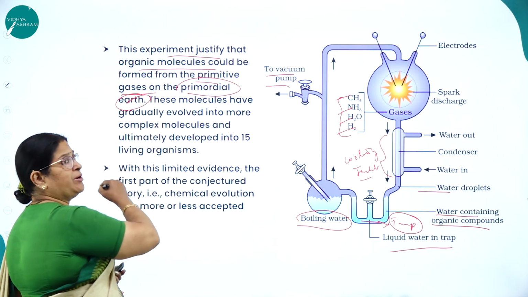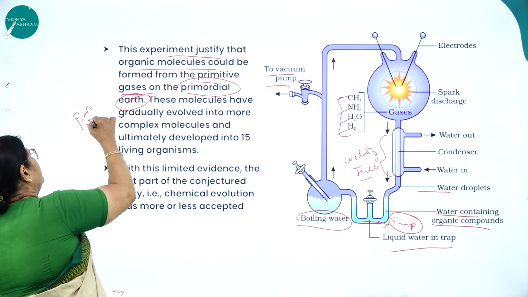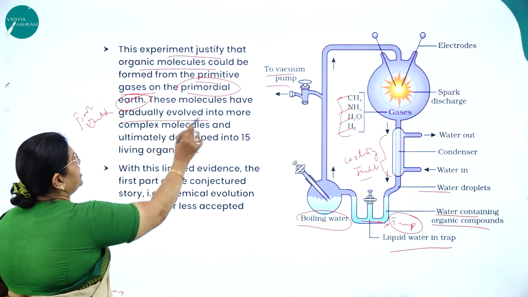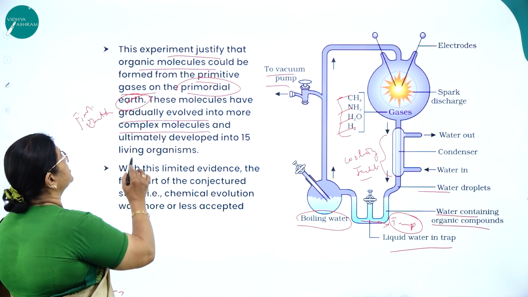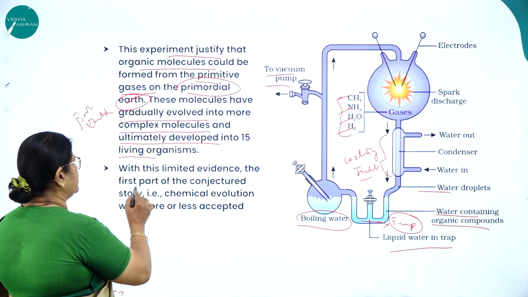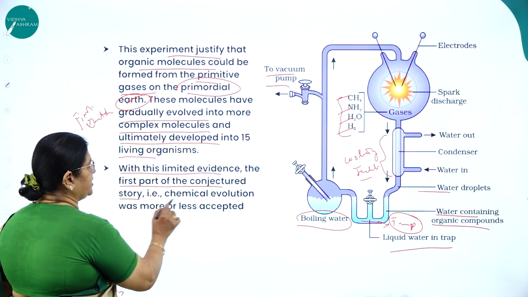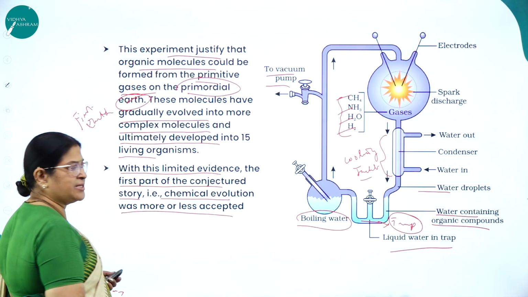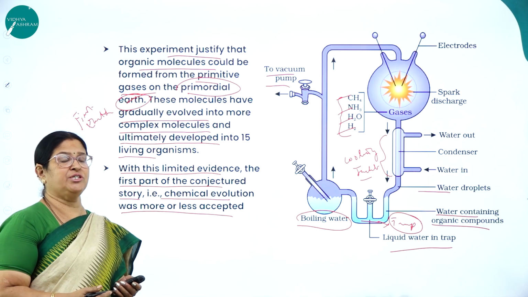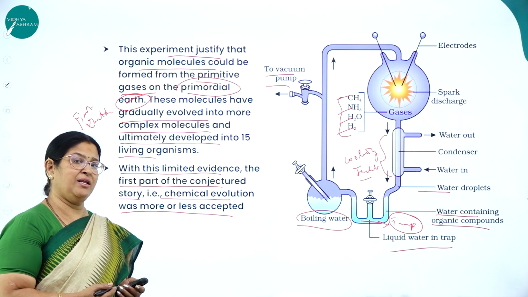What do you mean by primordial earth? The first earth. Then these molecules have gradually evolved into more complex molecules and ultimately developed into living organisms. So with this limited evidence, the first part of the conjectured story, that is chemical evolution, was more or less accepted. Among all the theories of evolution, the theory which was accepted by many scientists was the chemical evolution theory.